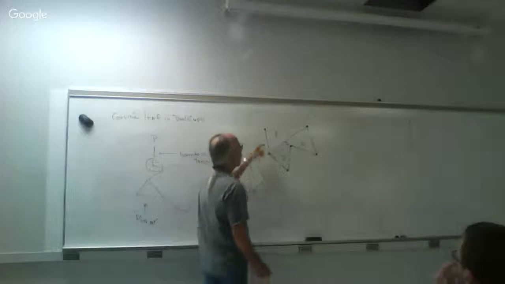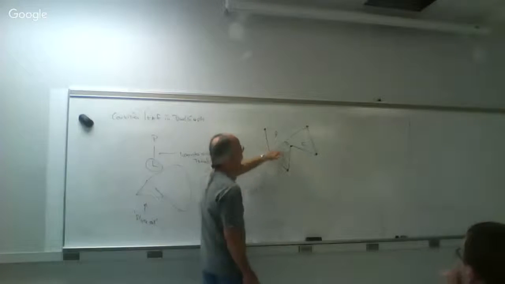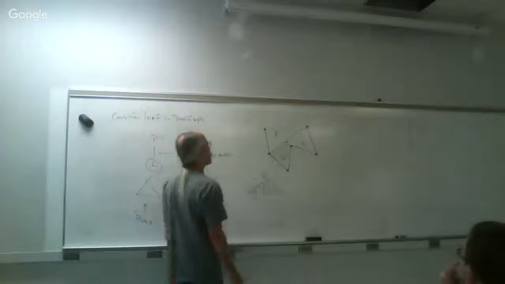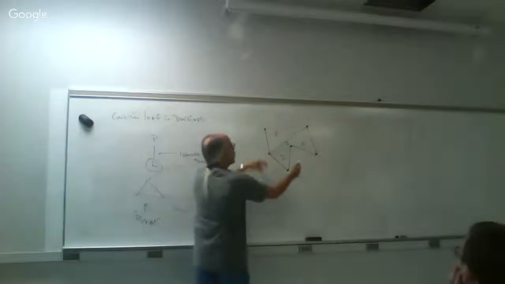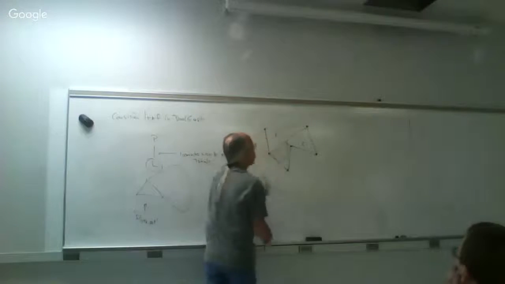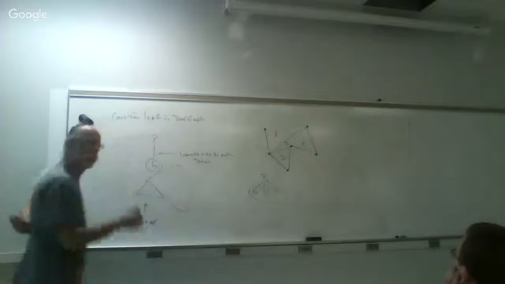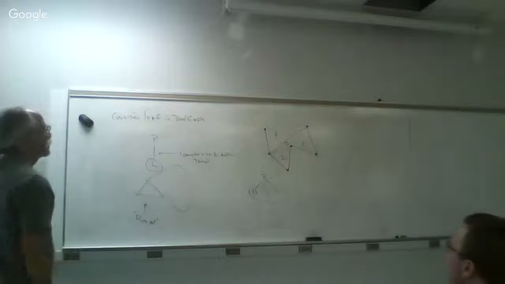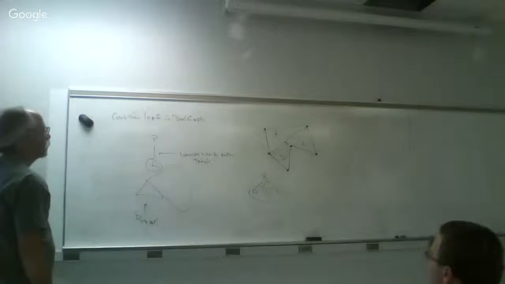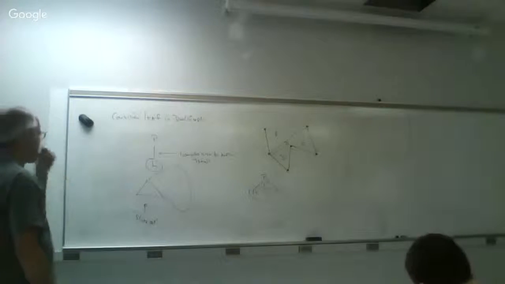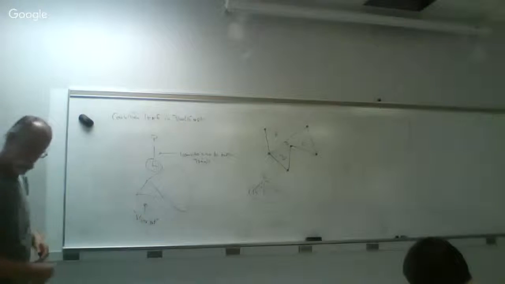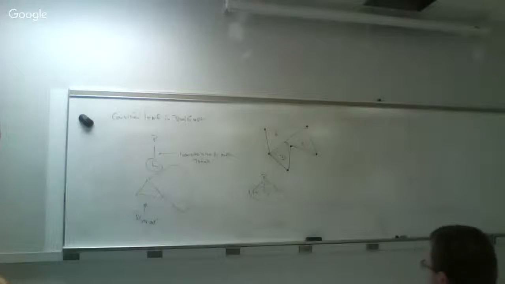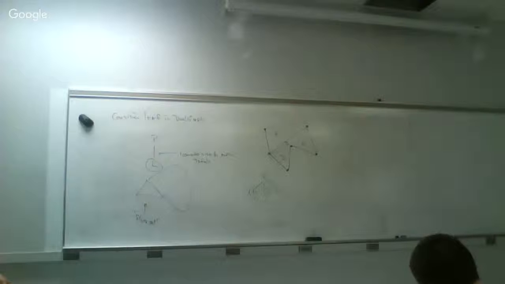It sticks out, in some sense, from the rest of the polygon. This actually looks like legs and a head and a torso or something. But the fact that it sticks out makes it something that we can work with.